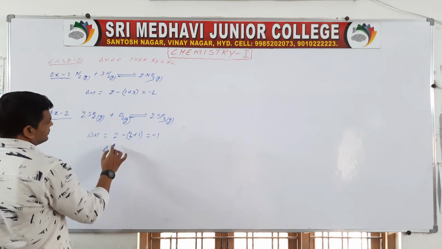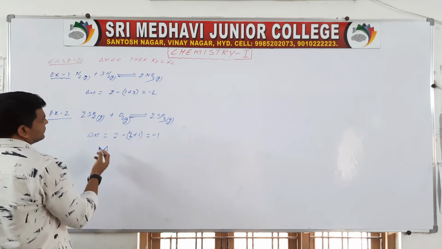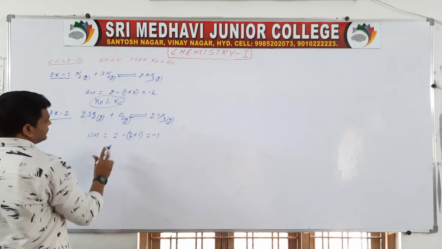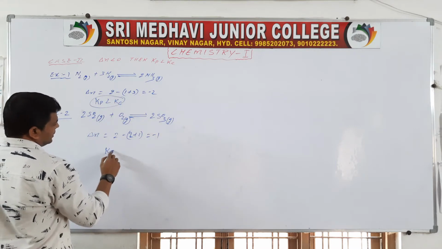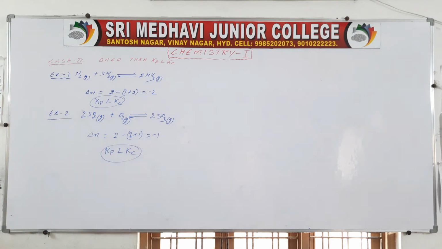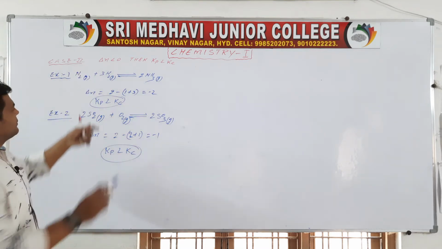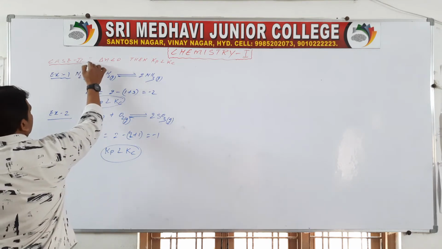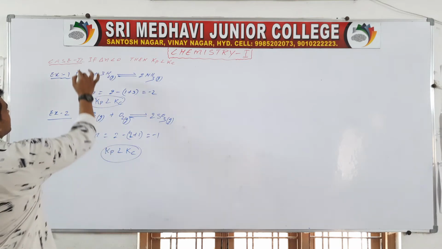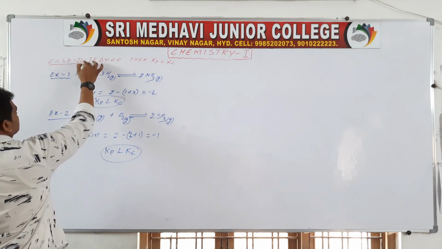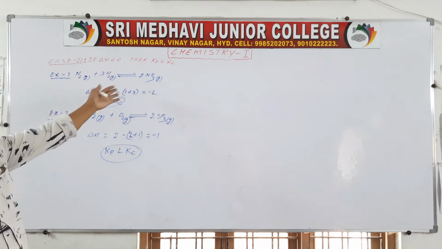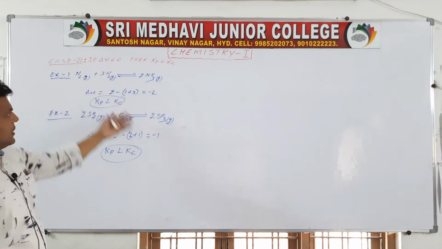So Kp is less than Kc. Here also Kp is less than Kc. It is case 2: if delta n is less than 0, then Kp is less than Kc.